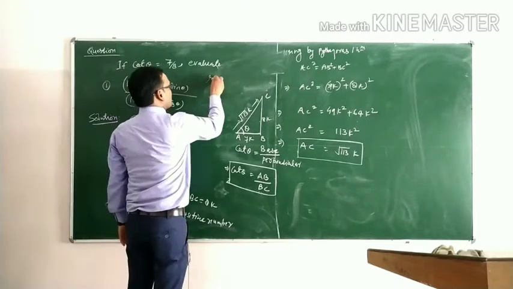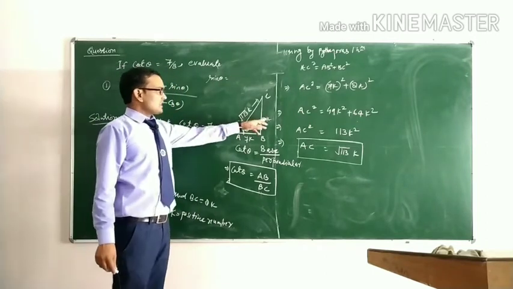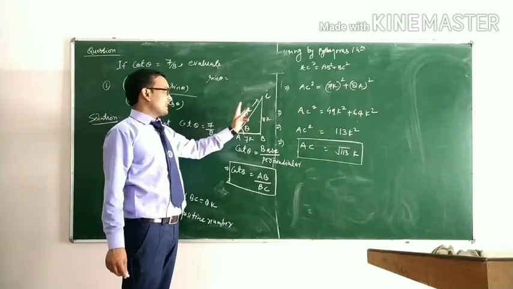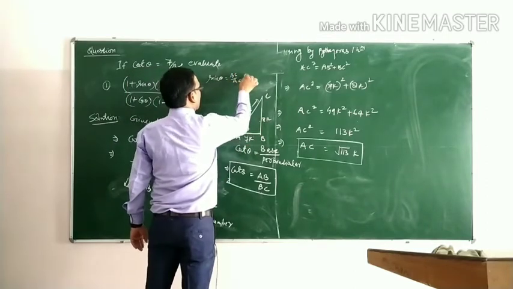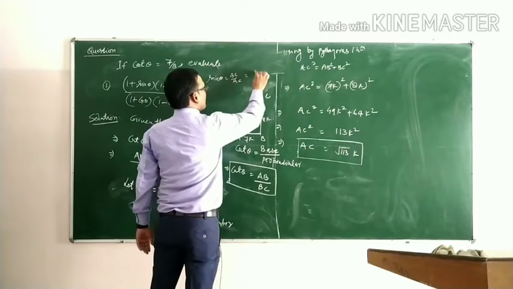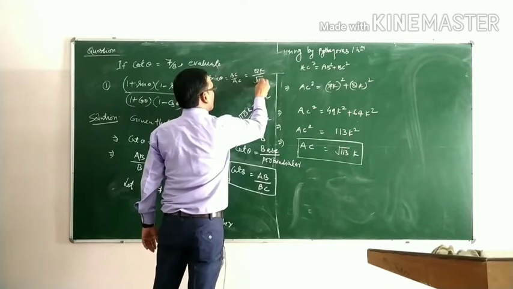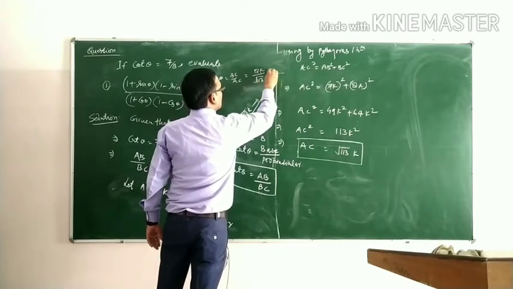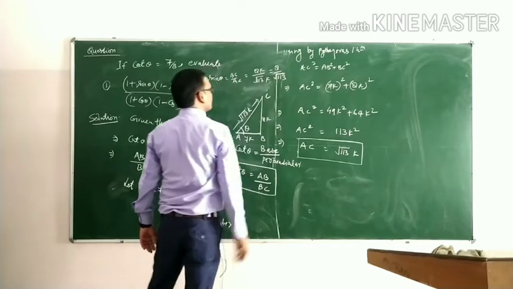The value of sin theta is perpendicular side upon hypotenuse, that means BC upon AC. The value of BC is 8K and the value of AC is square root 113 K, so sin theta is 8 by square root 113.